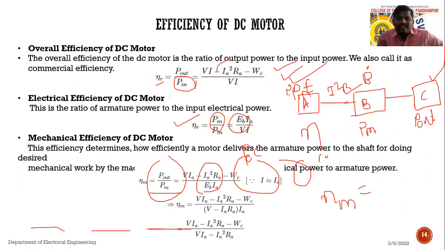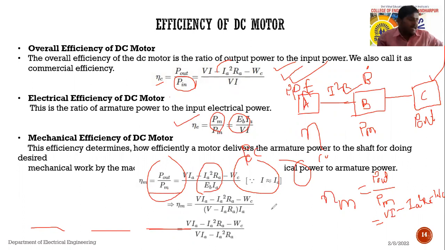Efficiency mechanical is equal to P out divided by PM, where PM is nothing but EB into IA, and you know P out is VI minus IA square RA minus WC.